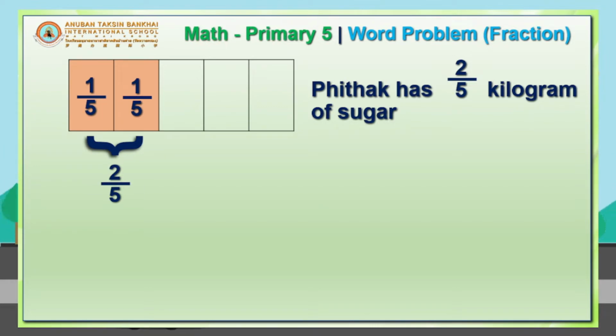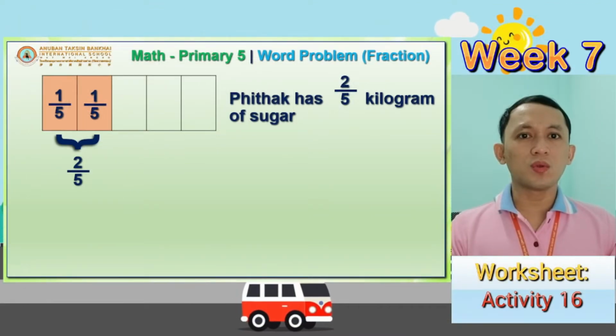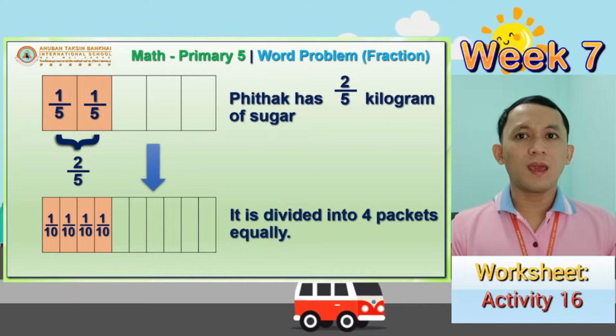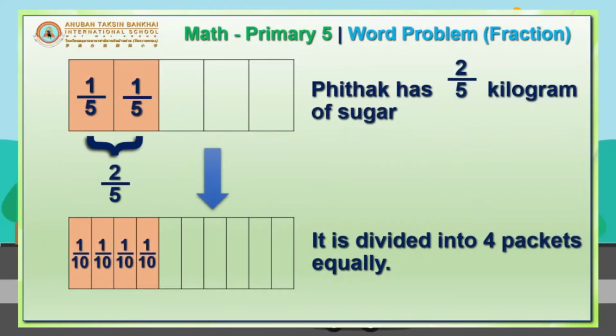So this one here is the fraction of sugar that Pitak has. And if we are going to divide those fractions and we are going to change the denominator to 10, we can see that 2 over 5 is equal to 4 over 10.